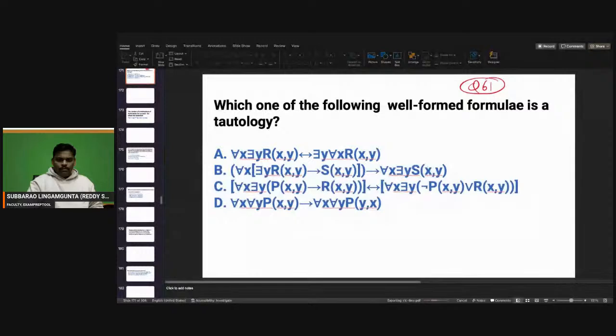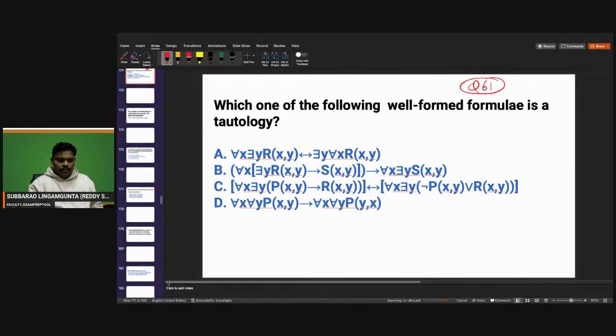Can we start? Then can you go ahead? What is the answer for this? Everyone try this.